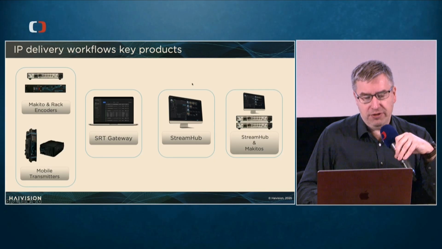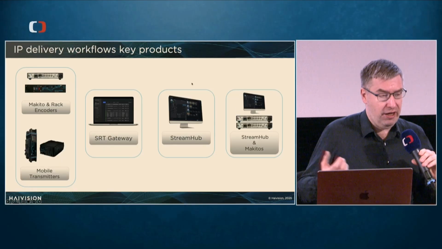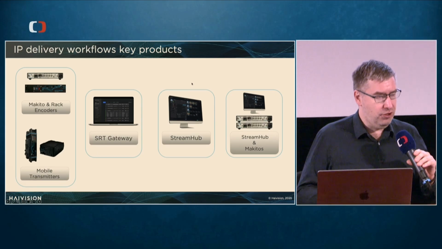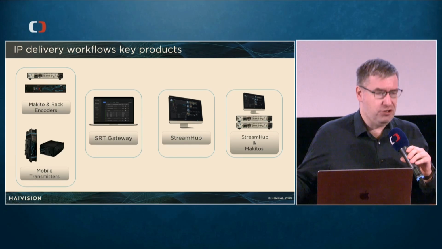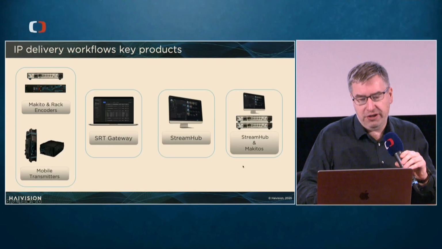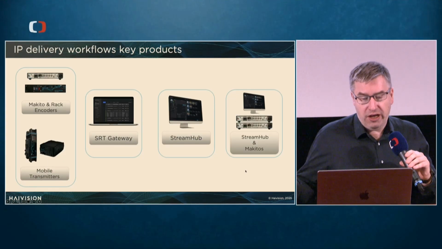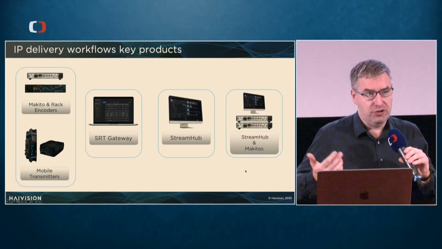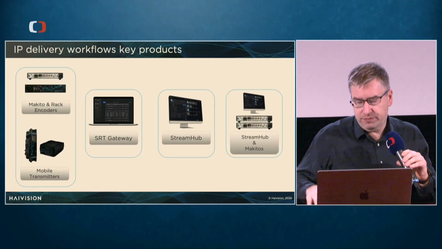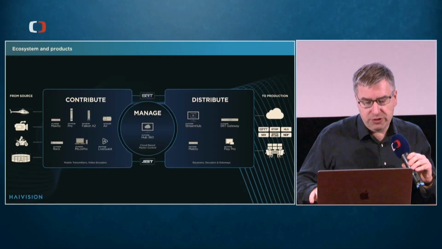We also have Stream Hub, which I would put into the gateway and also the transcoder category. And on the other end of the chain, Stream Hub can also be the decoder, along with Makitos.